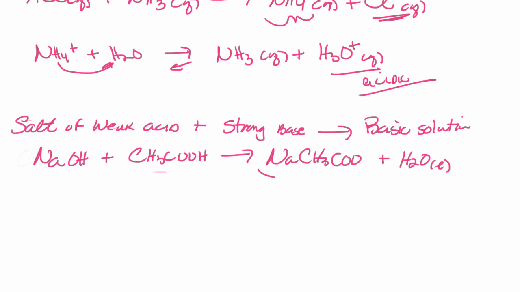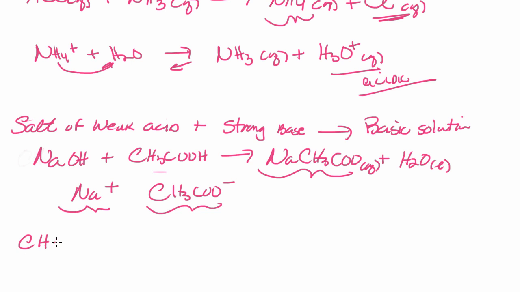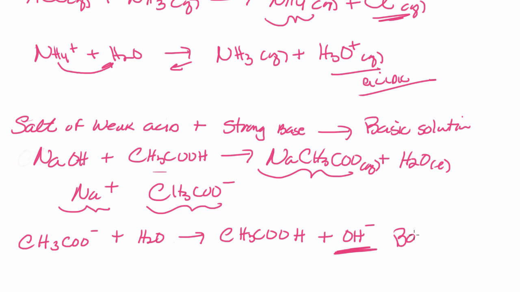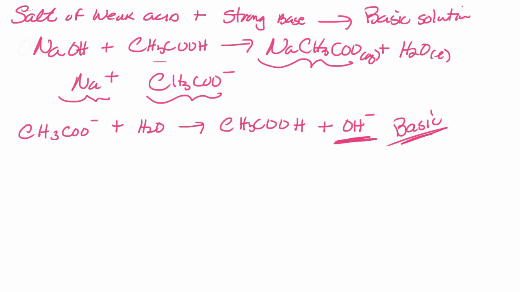Now, the sodium acetate is dissociated as sodium ion and acetate ion. Sodium ion is not going to react with water, but acetate ion will. So here is our acetate ion plus water, and the acetate ion will pick up a proton from water to become acetic acid, and we're left with hydroxide ion. So this would be a basic solution.